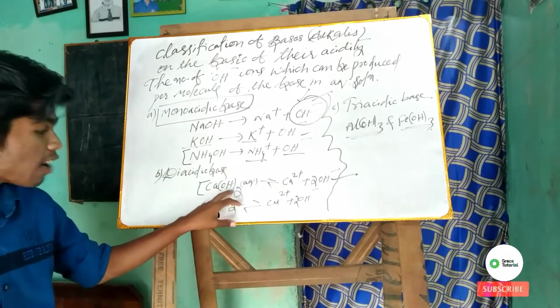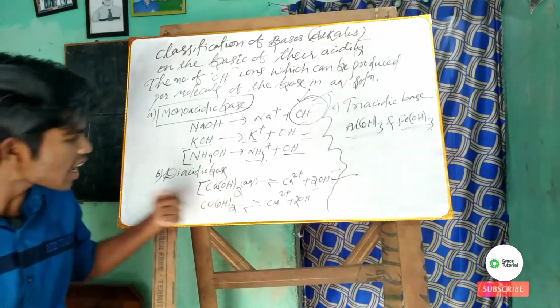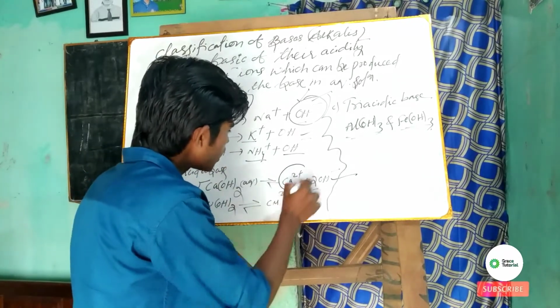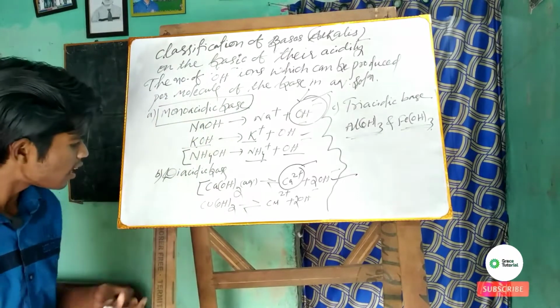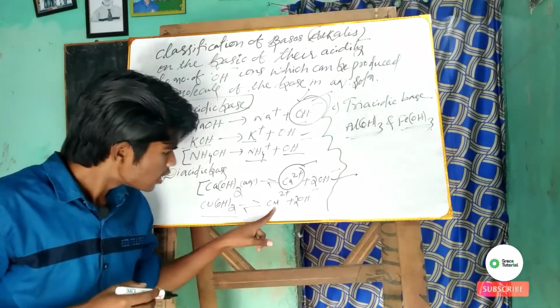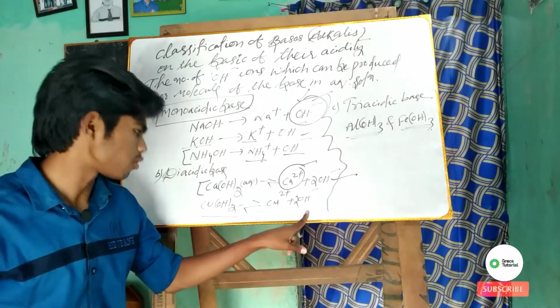We have calcium hydroxide. Whenever the calcium hydroxide dissociates in the aqueous solution, what happens? We get the Ca2 plus as well as 2 hydroxyl ions. Similarly, when this copper hydroxide dissociates, we get the Cu2 plus as well as the 2 hydroxyl ions.